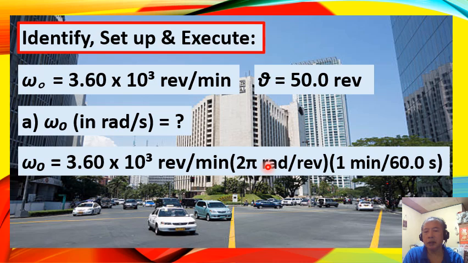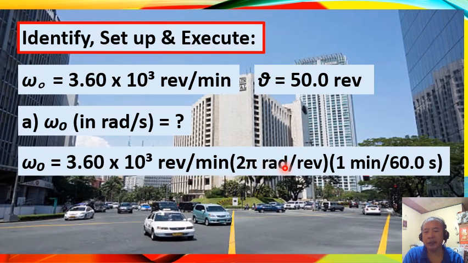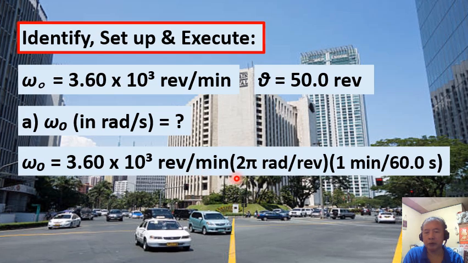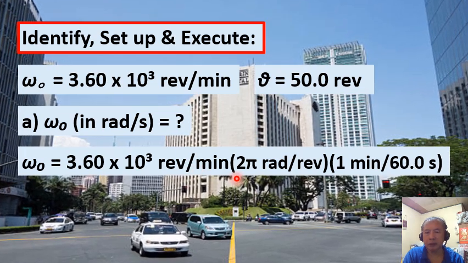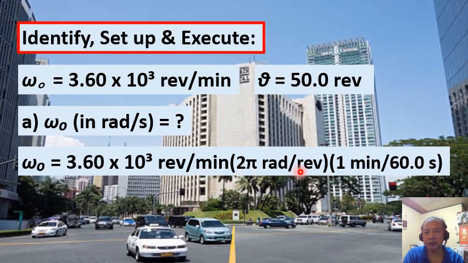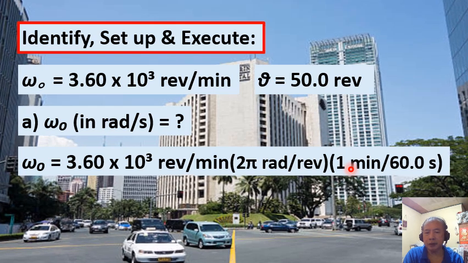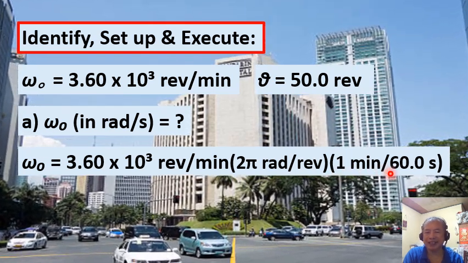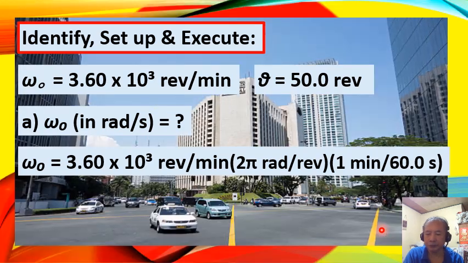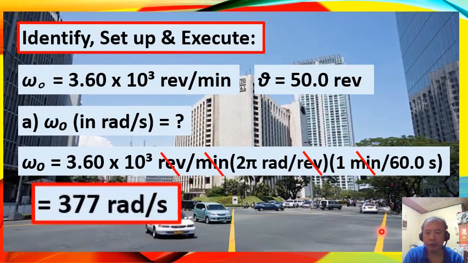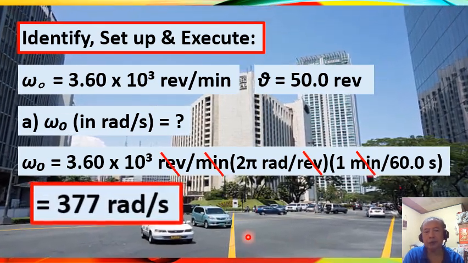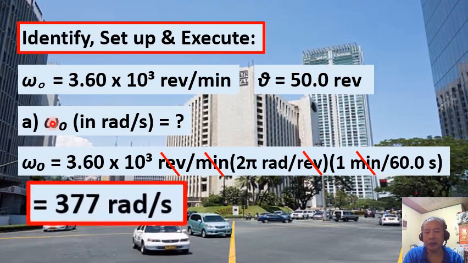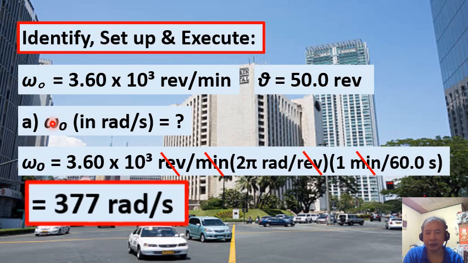That is, 2 pi radian is the equivalent of one revolution. Likewise, we also convert minute into seconds, so we multiply the whole thing by 1 minute per 60 seconds. When we do our math, we get omega naught equal to 377 radians per second.